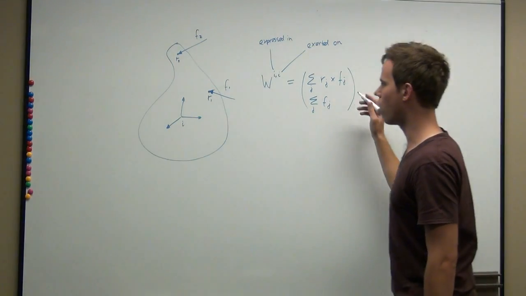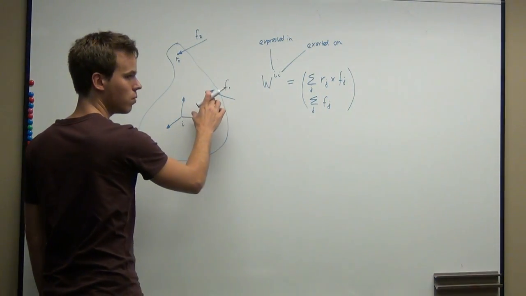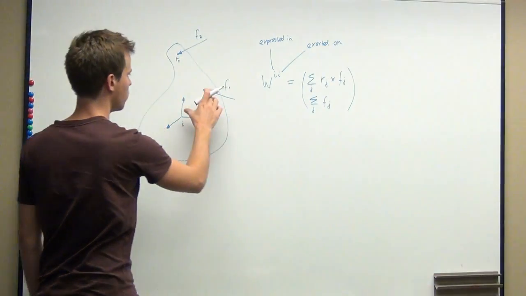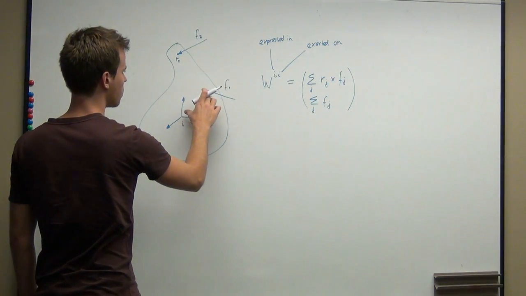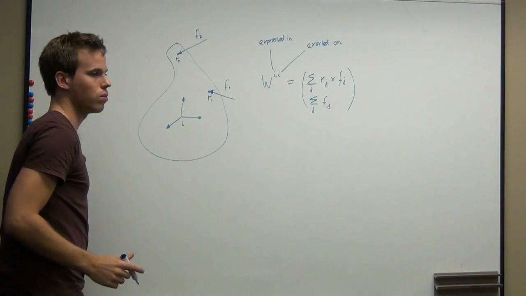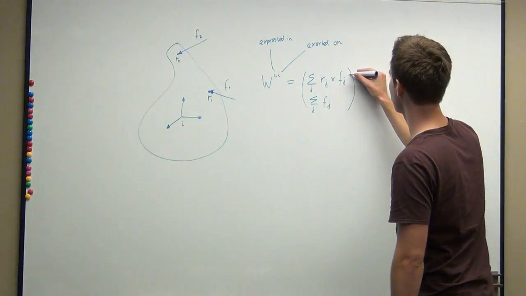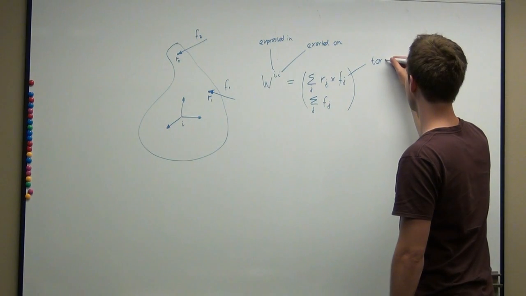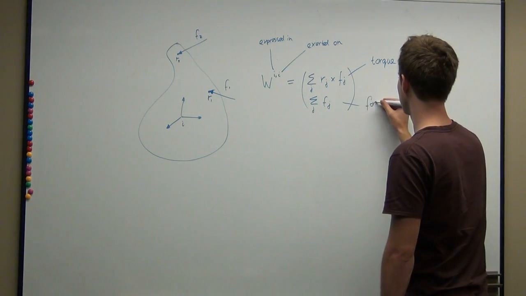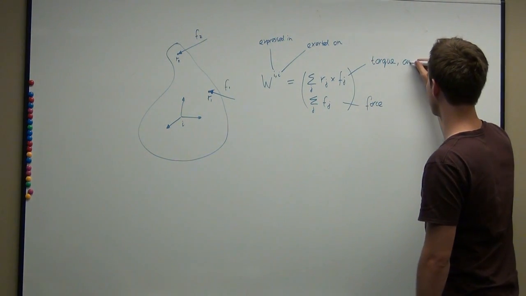So this r can be seen as a moment arm that you take the cross product with to compute the torque caused by this force, and then add the torque caused by this force. So really this is a torque, and this is a force, or angular part and linear part.